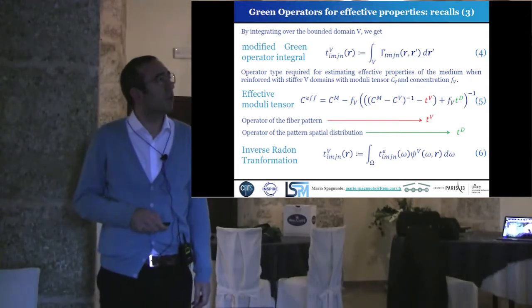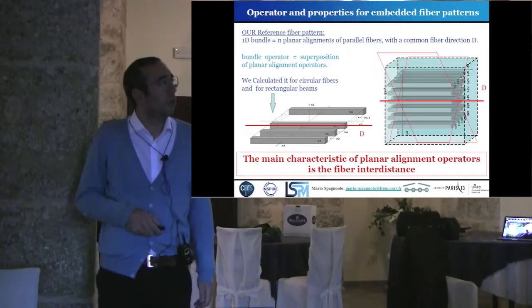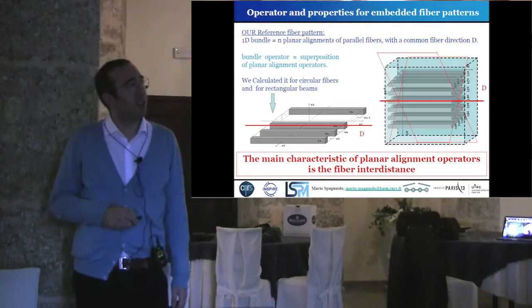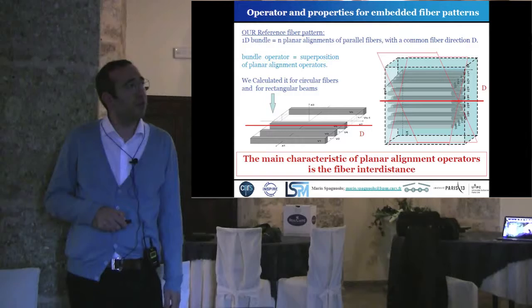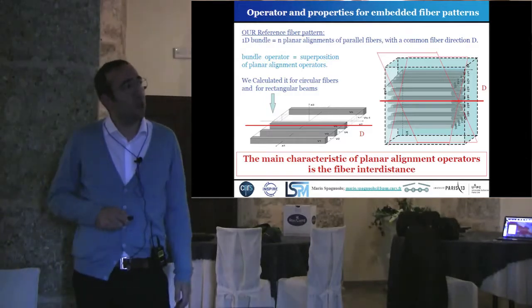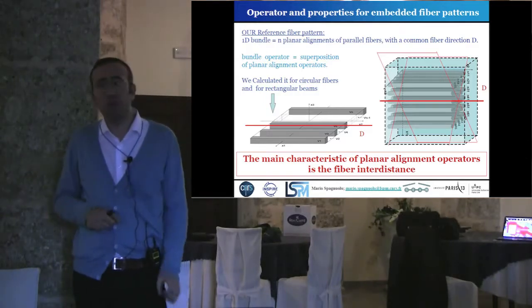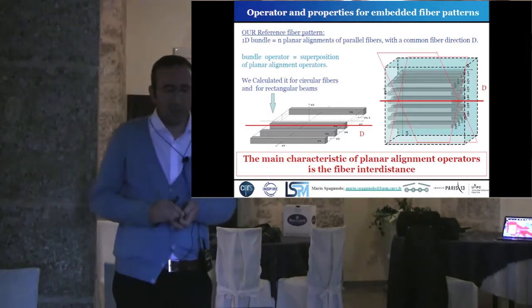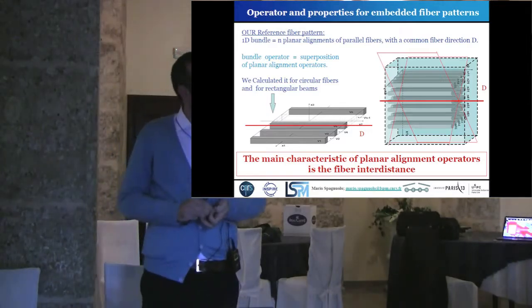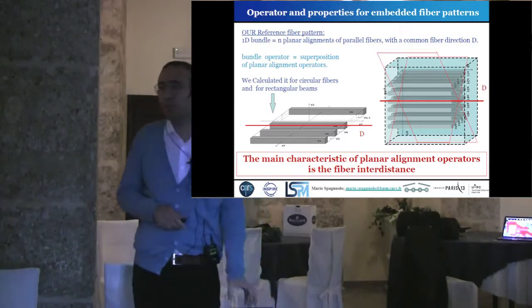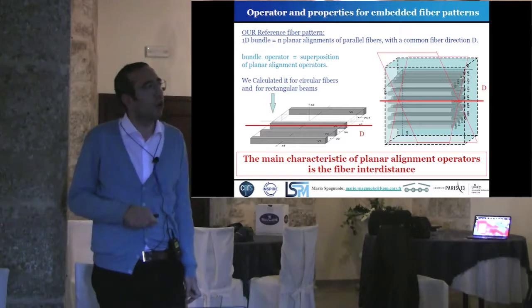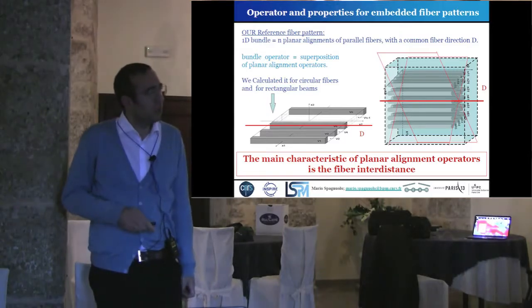So if we do this, we first calculate this operator for an alignment, and after we decide which kind of simplification we have to do for obtaining the effective properties of the composite material.